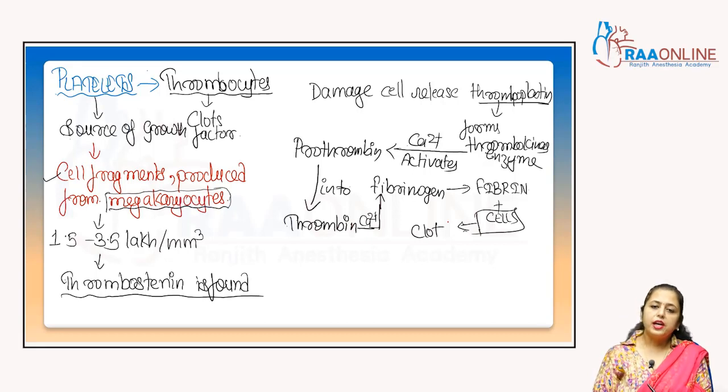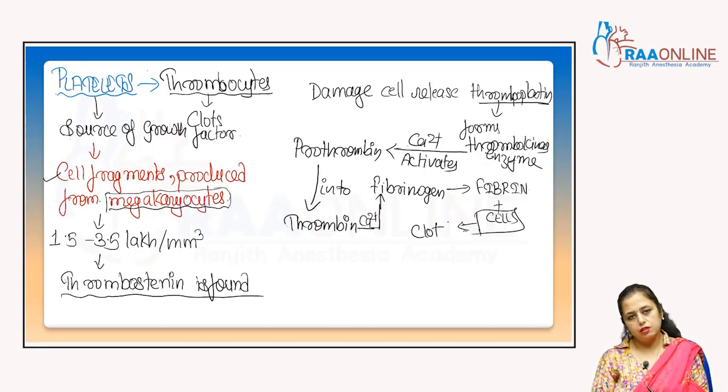Actually, platelets have a mucilaginous surface. So when they come in contact with the external atmosphere at the time of injury, they all stick with each other, and some RBCs also stick with the platelets. That's why clotting of blood occurs, right?